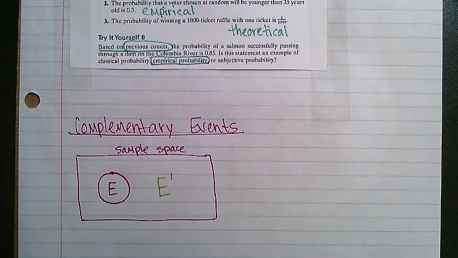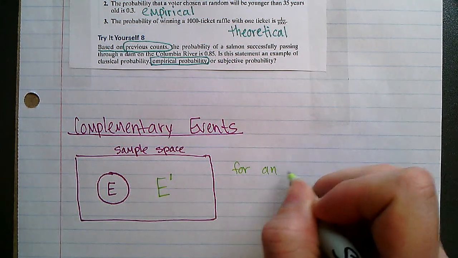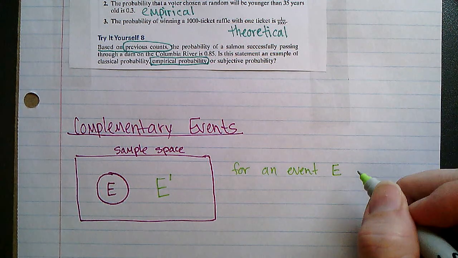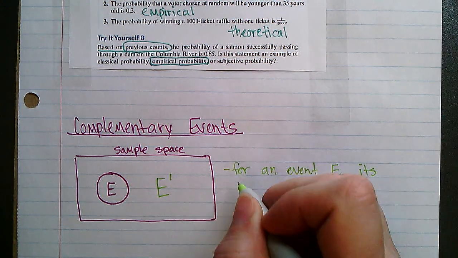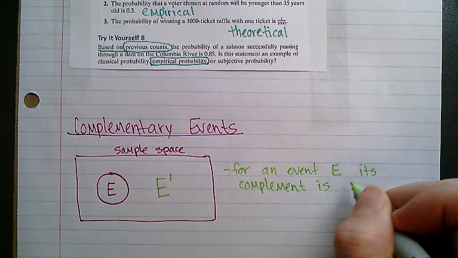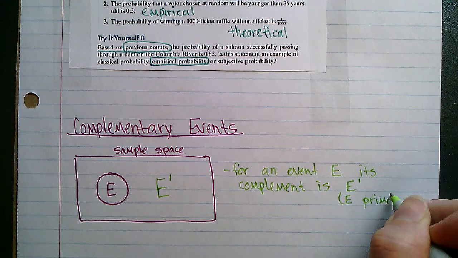So for an event E, its complement is E prime, and just as a reminder, E prime.